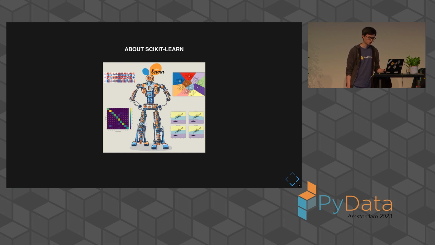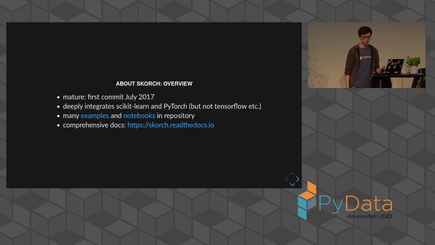And to get to our goal, we need a few ingredients. So the first one is Skorch. I'm one of the maintainers of Skorch. We have another one sitting there. And it's a quite old package by today's standards in machine learning. It was released like half a year after PyTorch was released.